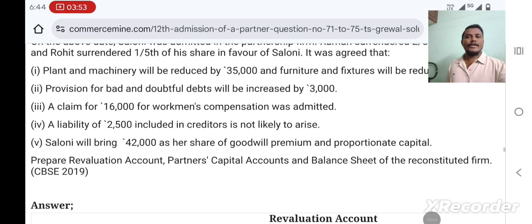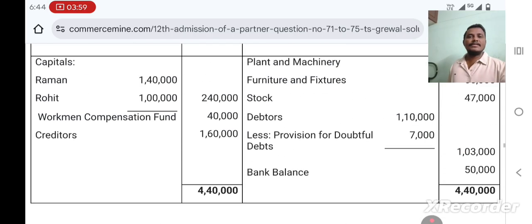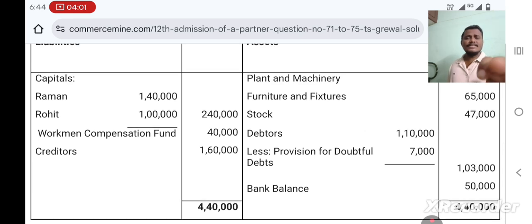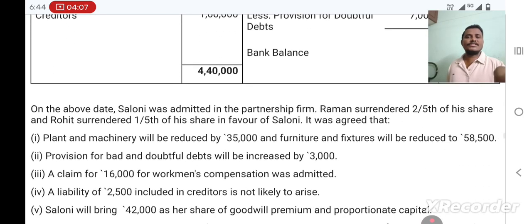The next point: a claim for 16,000 for workmen compensation was admitted. Inside the balance sheet, the workmen compensation reserve is showing 40,000 and the workmen compensation claim is 16,000. So the reserve is sufficient to meet the claim. 40,000 minus 16,000 gives you 24,000.